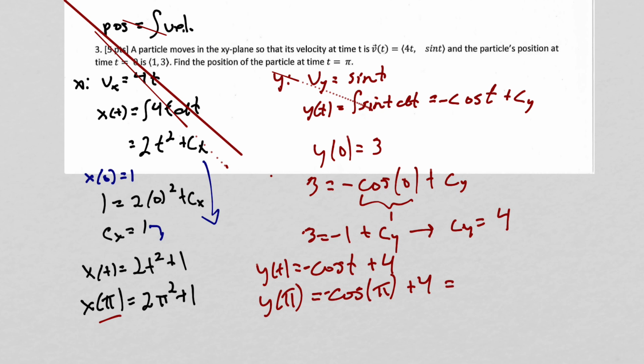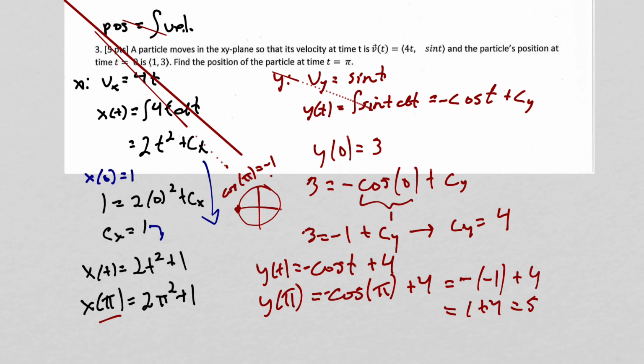So, negative cosine, you should know your unit circle. Pi's over here. Cosine is the x-coordinate. So cosine of pi is equal to -1. So we get negative -1 plus 4, which gives me 1 plus 4, which is 5.